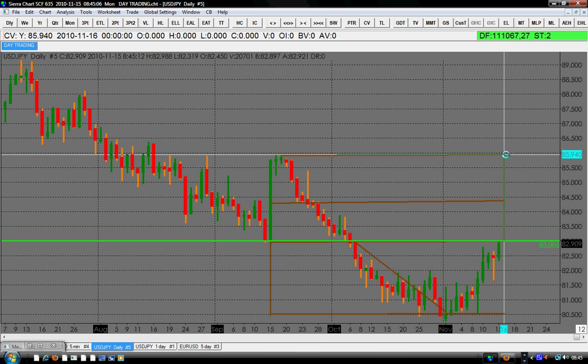And the USD Yen, slowly but surely, if there is no more market manipulation, what I mean by market manipulation is no more crazy news to push this currency pair back down, it will progress in normal condition to 8594, in the region of 8594.